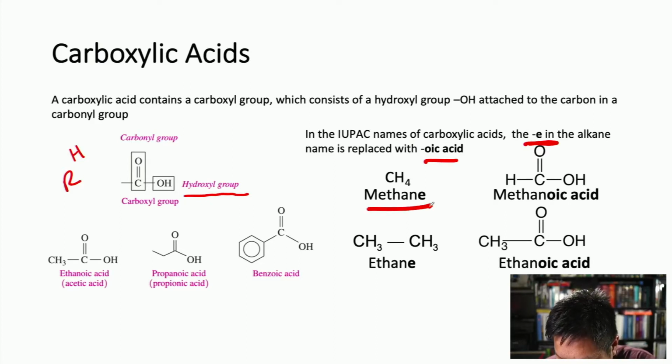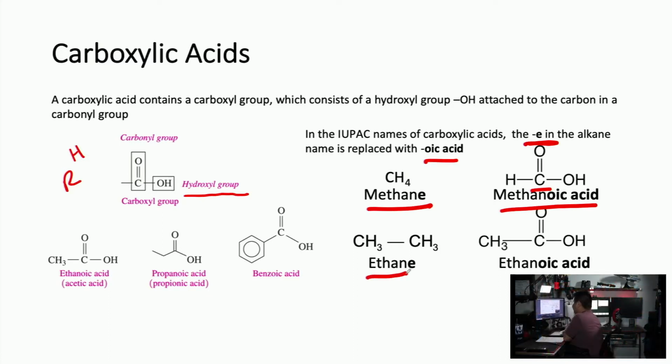That carbon is the carbonyl carbon. We call it methanoic acid, right? Or for ethane, which has two carbons in it, here in the carboxylic acid version, the two carbons are the methyl group, and the carbon that's in the carbonyl carbon, that's ethanoic acid. Very simple, right?